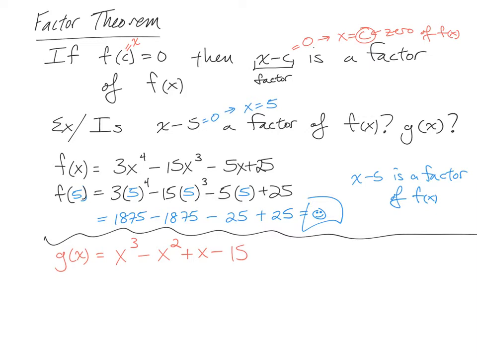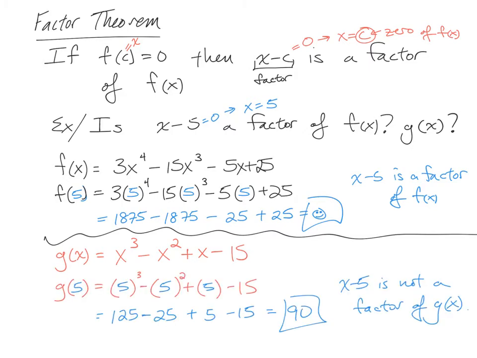Go ahead and pause the video, try this one for yourself. See if x minus 5 is a factor for this polynomial. So here you can see, if you again set the factor equal to 0 and solve and find the 0 associated with this factor, and then use that 0 to substitute into the function, you get 5 cubed is 125, 5 squared is 25, 5 is 5, go figure.